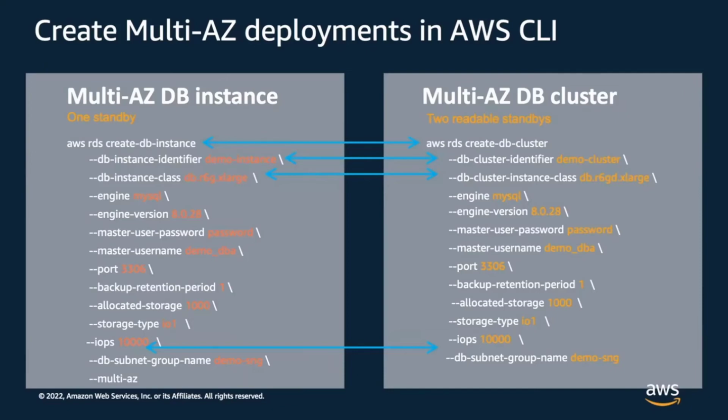So for the top level object, a DB instance has 1 standby and a DB cluster has 2 readable standbys in a multi-AZ deployment option. Otherwise, the API call looks the same. You choose a name, an instance, an engine, a version, etc. And as you see, it has provisioned IOPS configured with 10,000 IOPS.